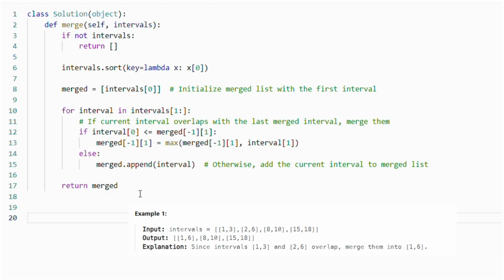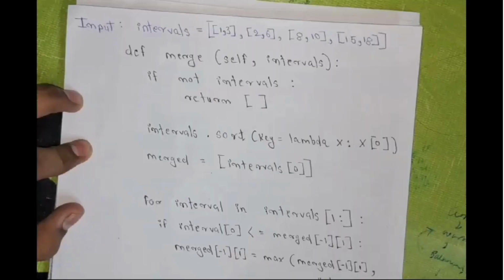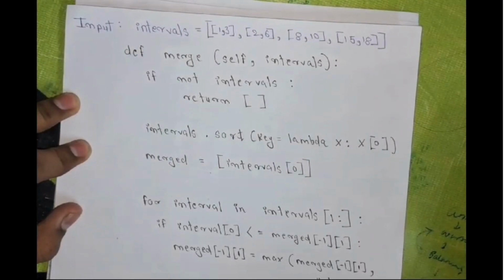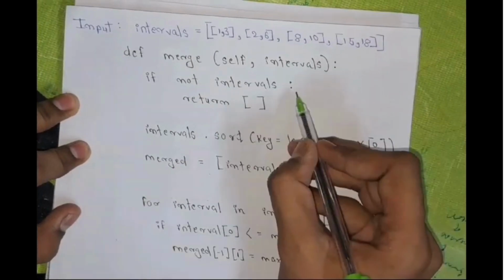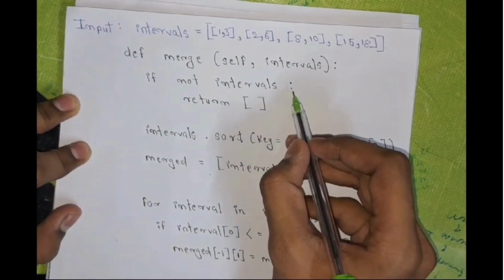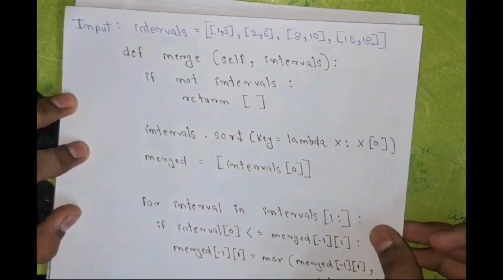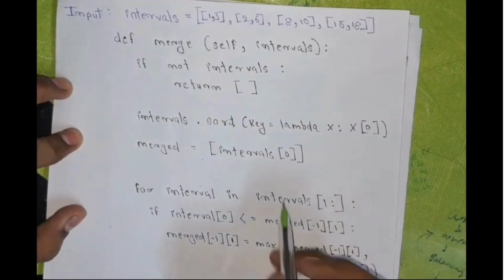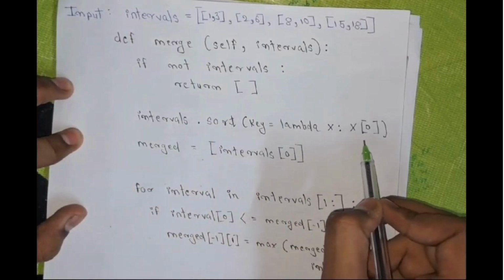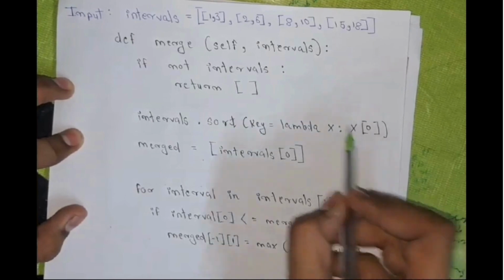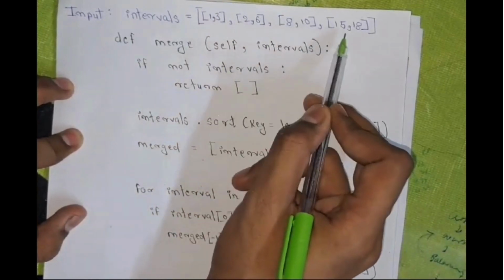Now let us understand this given code using the first example. If the intervals array is empty, then we will return an empty array. Then we will sort the intervals based on the first element of each subinterval, that is based on 1, 2, 8 and 15.